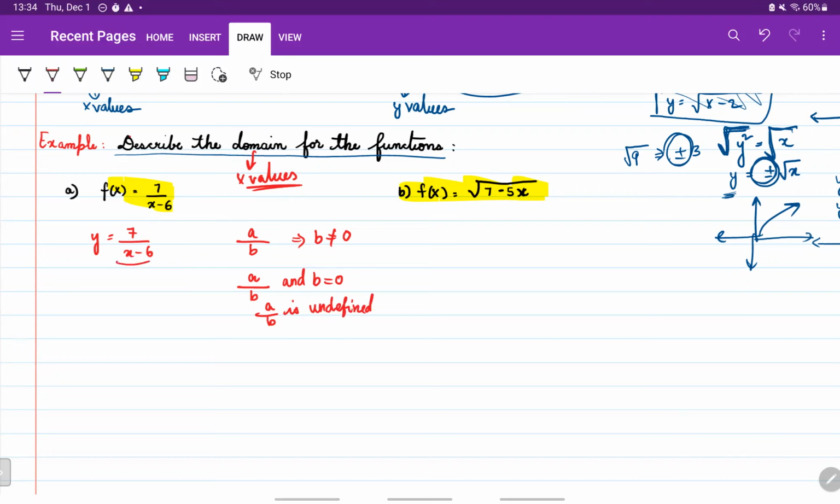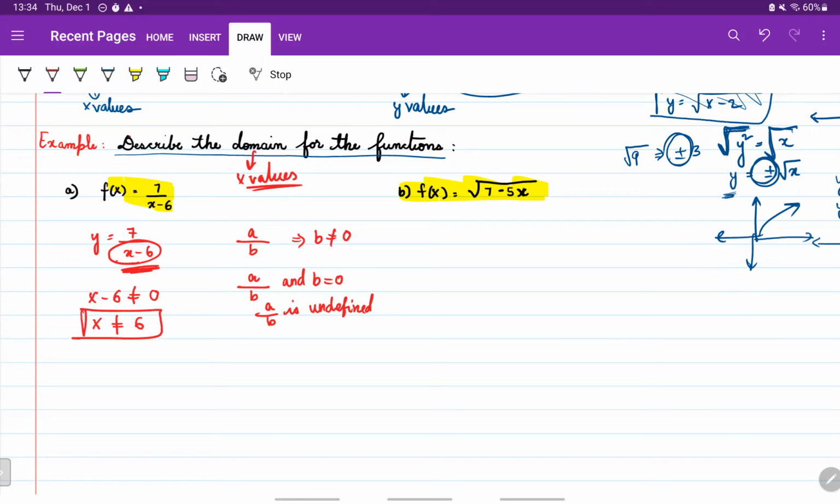So essentially, for this to be valid, this value here, which is x minus 6, should not be equal to 0. That means adding 6 on both sides, x should not be equal to 6. So x can be any number, definitely not 6 for this to be a valid function.